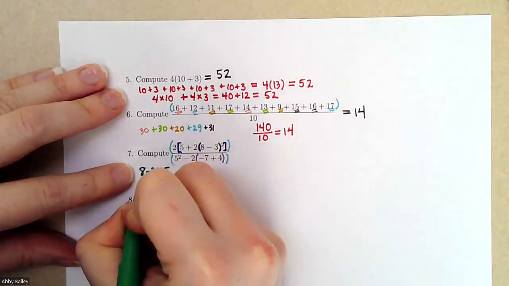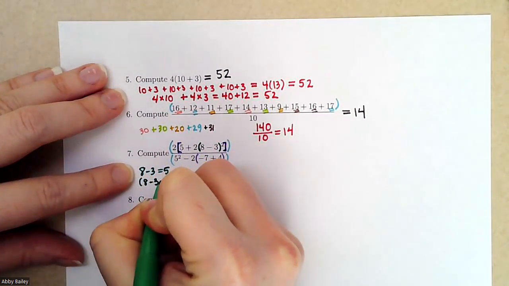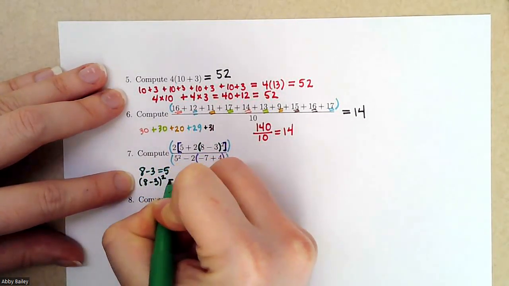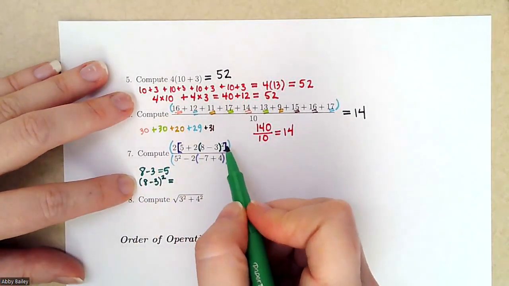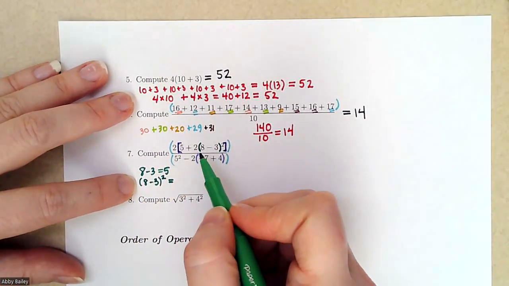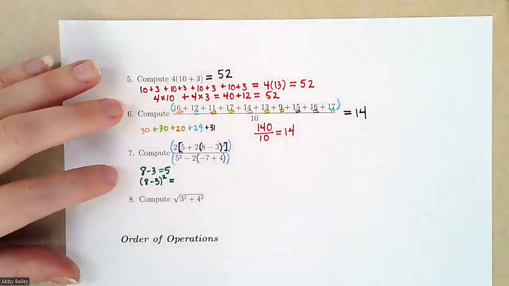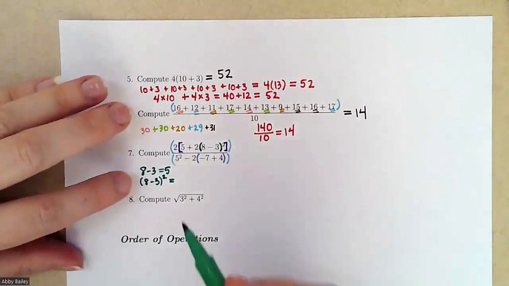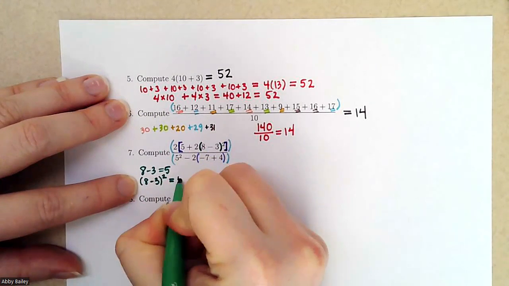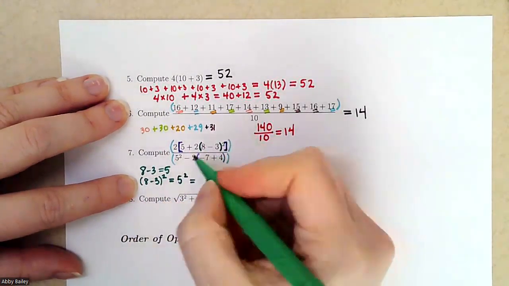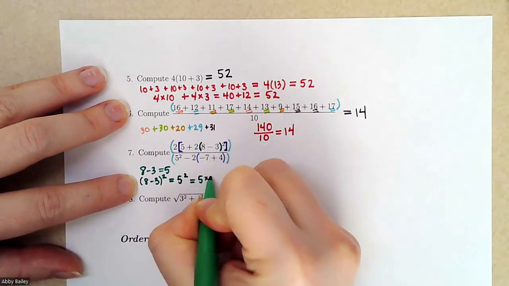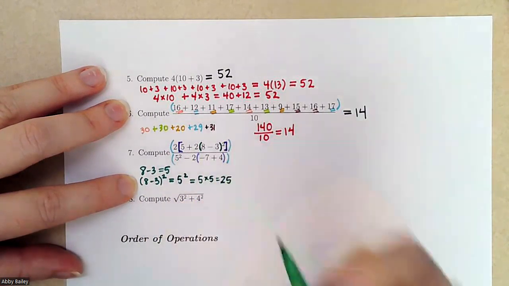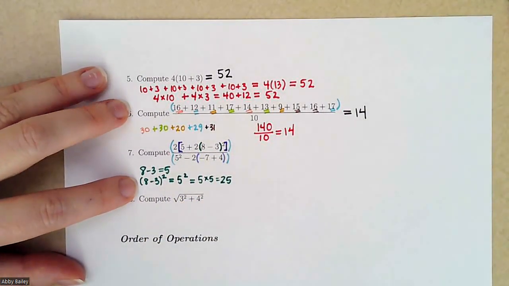So now I'm thinking 8 minus 3 squared, because we do the exponents before the multiplication, like in example 4, where we computed 2 times 3 squared. And we said that this is 5 squared, and that's 5 times 5 makes 25. Okay?